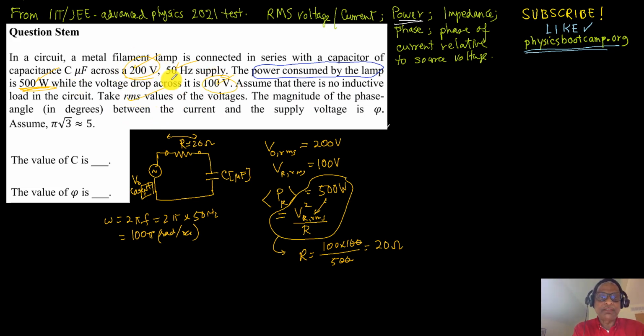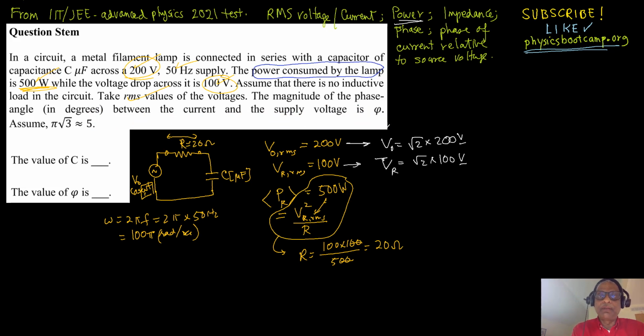Now we turn to the circuit, and we know that these values are RMS values. So let's figure out the actual amplitude: it will be square root of 2 times 200 volts, and the actual voltage in terms of the oscillating part will be square root of 2 times 100 volts.